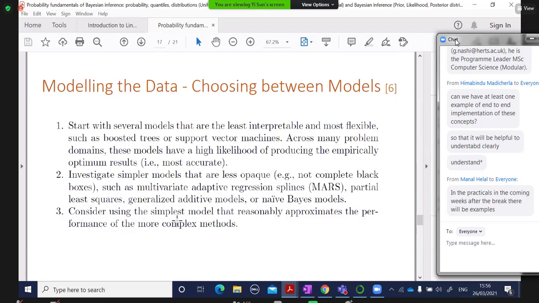Then consider using the simplest model that reasonably approximates the performance of the more complex models. Eventually, we want to use a model as simple as possible that can reach good performance, just like the complex model can.